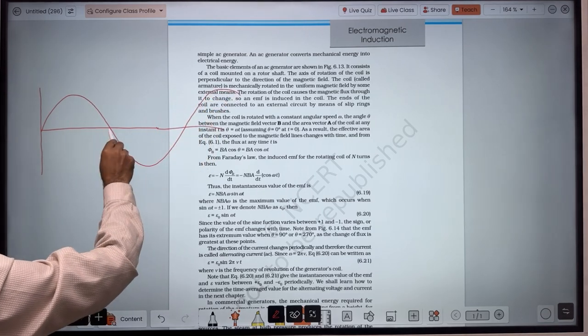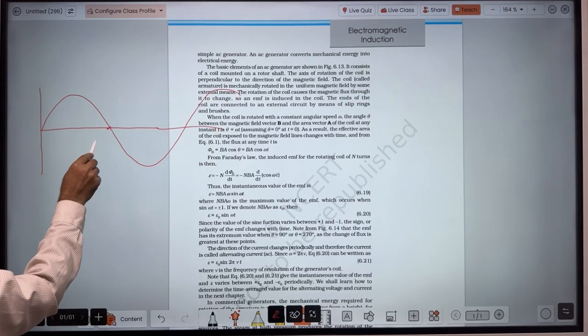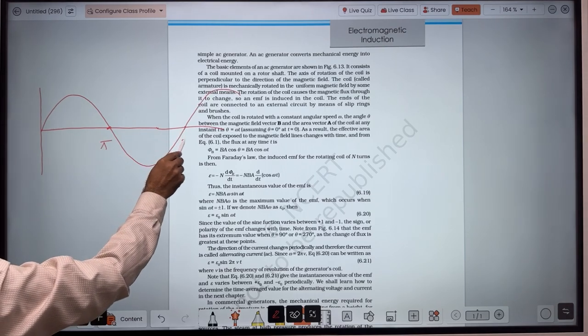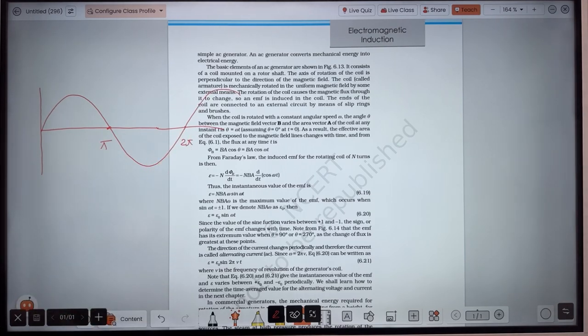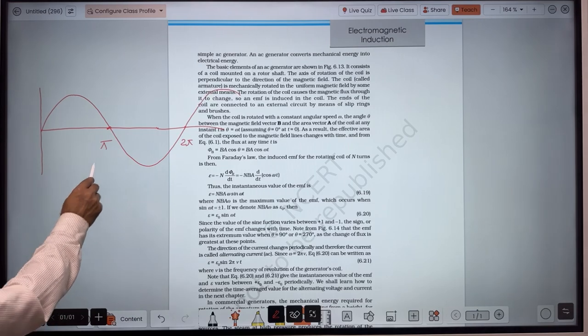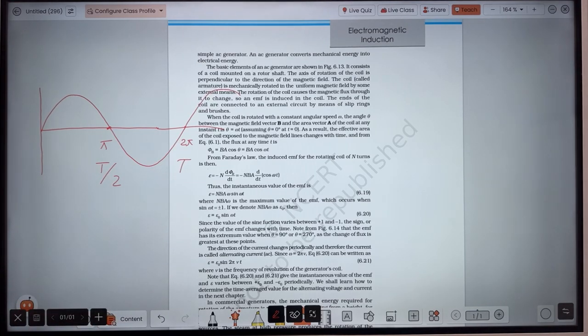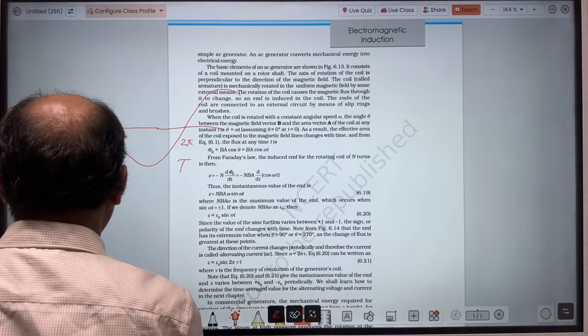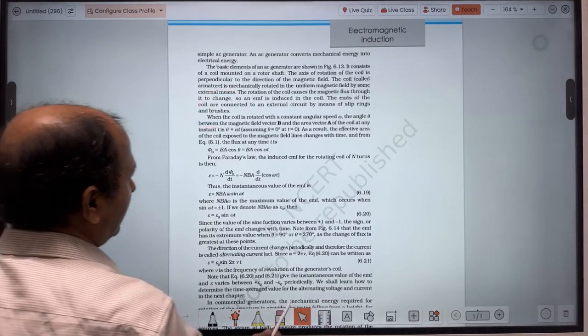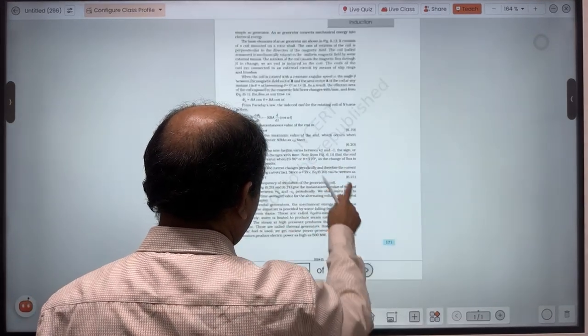It will be like this, right? Suppose this is pi, this is 2 pi. In terms of time period also we can write, this will be T by 2, this is T, like this. So you can see that in the diagram and you will understand, because it is a very basic thing.